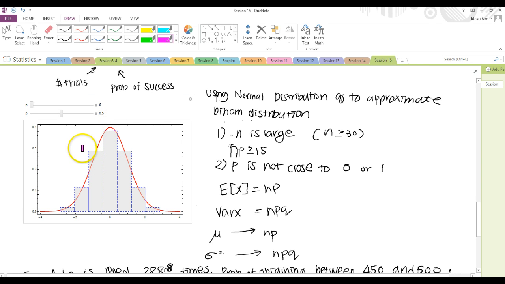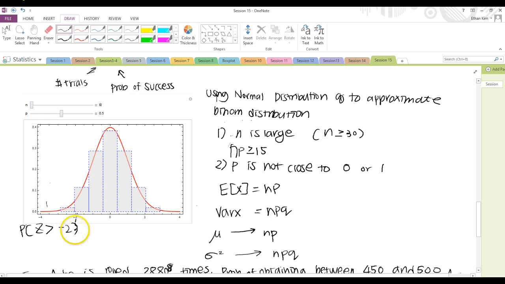Say we're looking at the probability of z greater than -2.